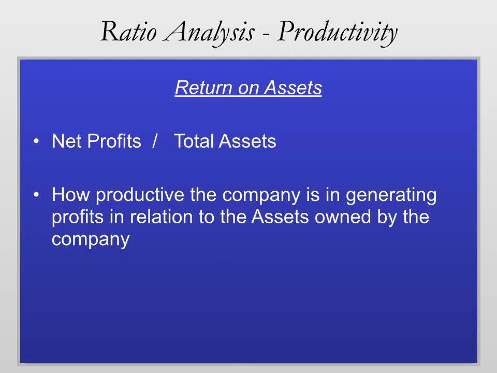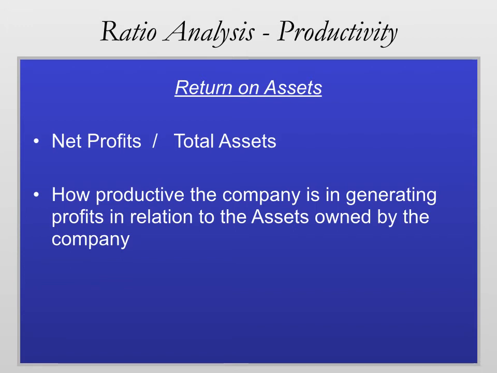One of the most important ratios we can use that really is an overview of a business is return on assets. It's what we call a productivity ratio. In other words, it's net income divided by total assets, but what we're really asking is how much profit the company or the management is generating in relation to the assets that the company owns.